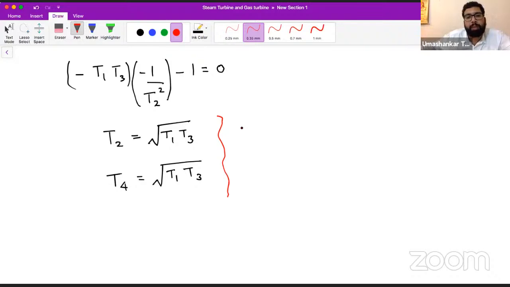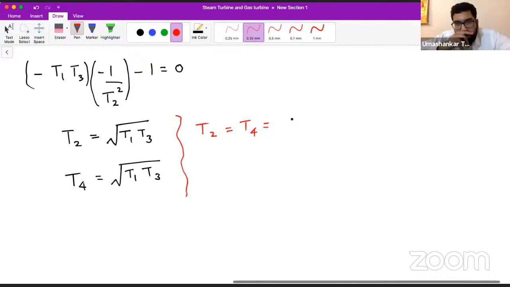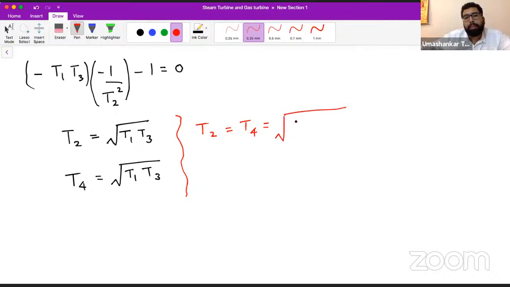If you want to get maximum work, you should compress or expand your air to the temperature which is the geometric mean of the maximum and minimum temperature.